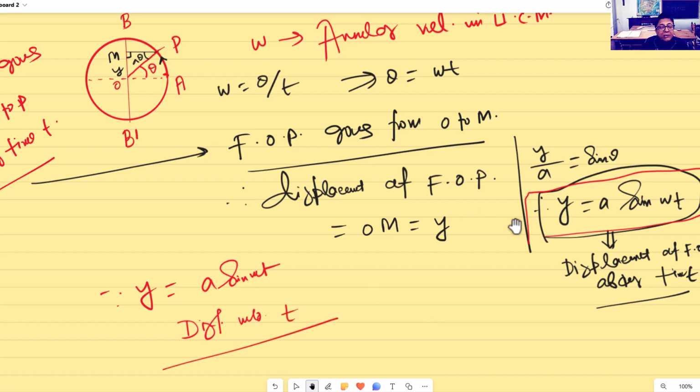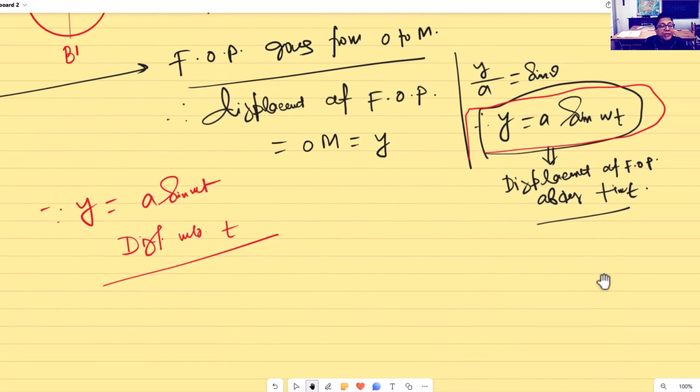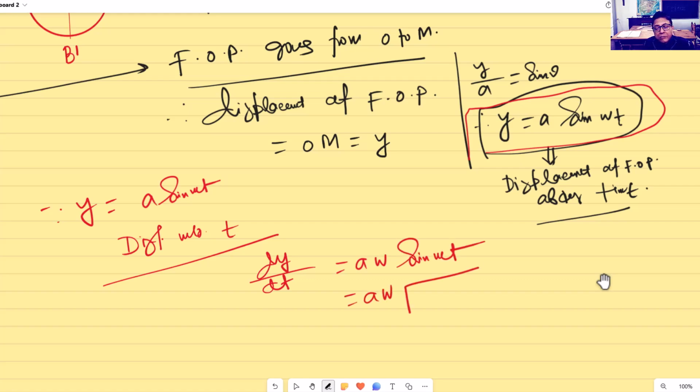What do I get if we differentiate with respect to t? dy by dt will be A omega cos omega t.